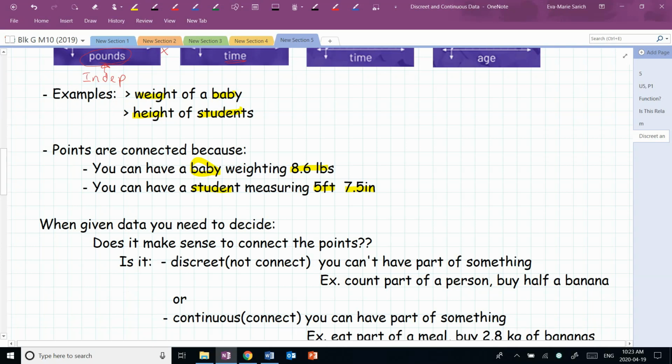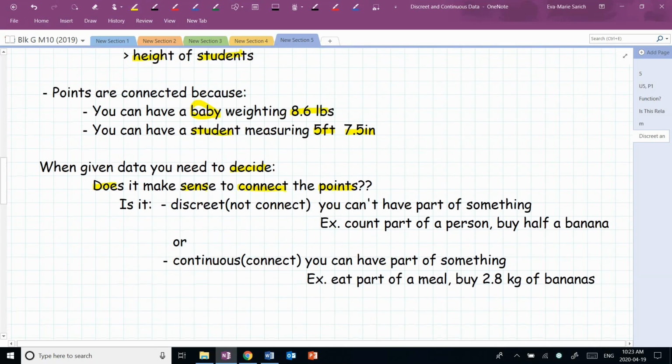So now, how do you decide if something is going to be discrete or continuous? When given the data, you need to be able to decide. So you need to think, does it make sense to connect the points? Remember, it is discrete, which means you do not connect, if you can't have part of something.